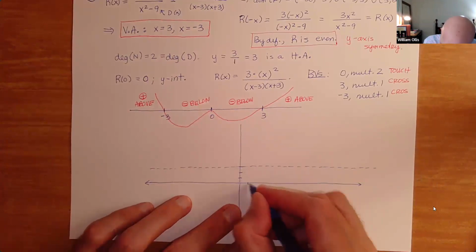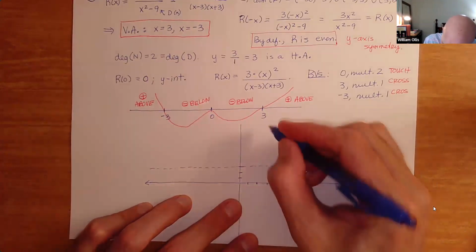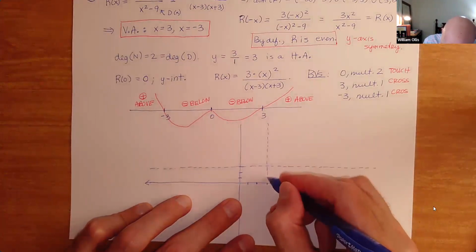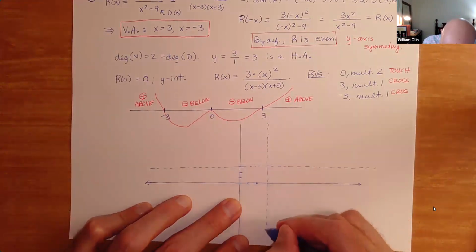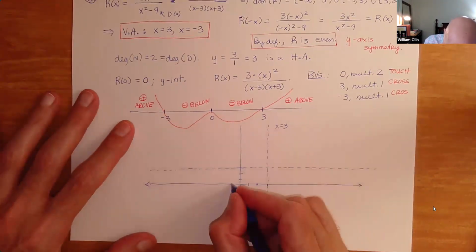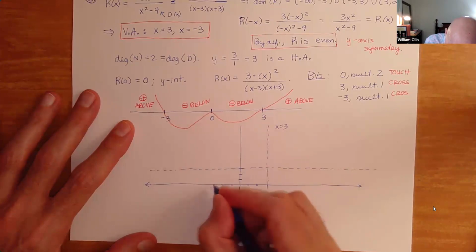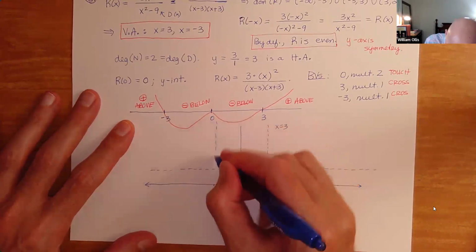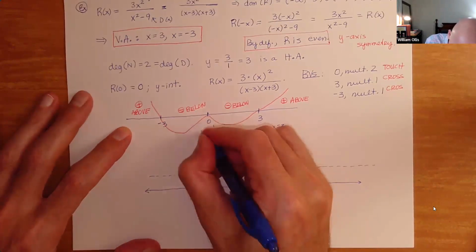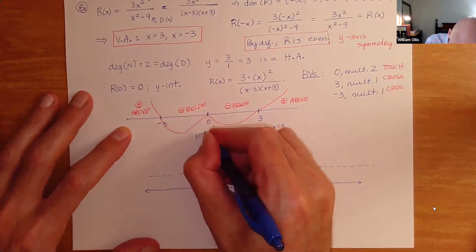We'll just space them out a little bit more on the x-axis if you like. So we have x equals 3. And then we have 1, 2, 3 to negative 3. So we have x equals negative 3.